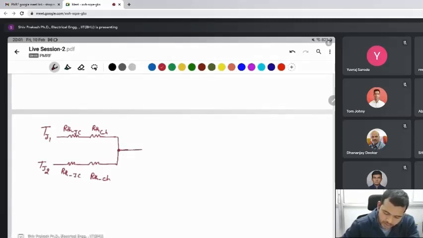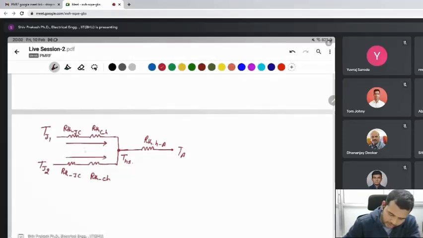This one is mounted on the same heat sink, with some temperature of the heat sink, the thermal resistance of heat sink to ambient, and this one the ambient temperature. The temperature difference between two points, like that. This one the power P1, like power P2.